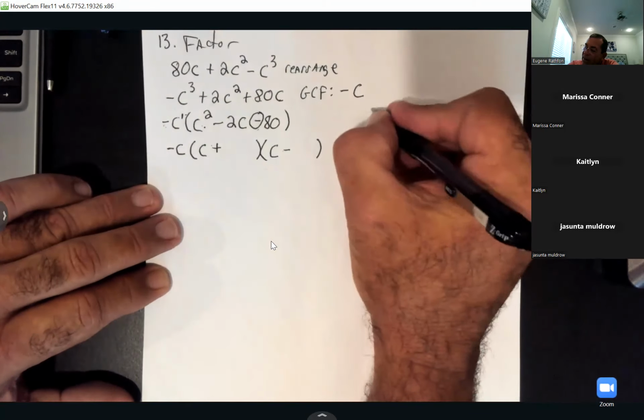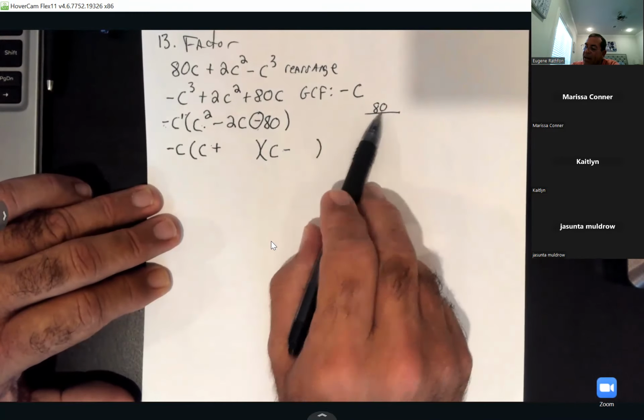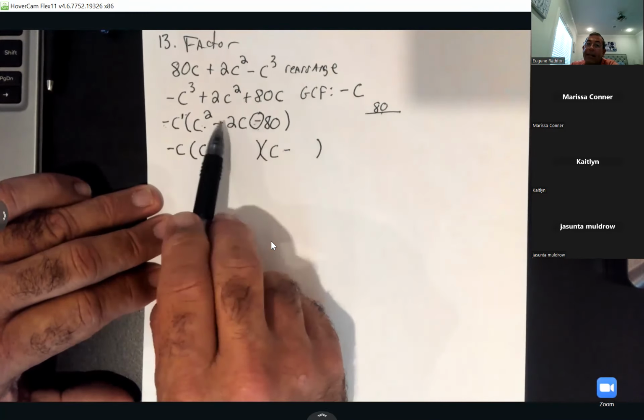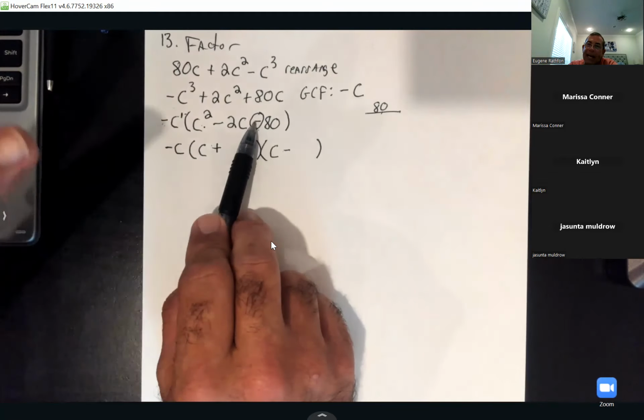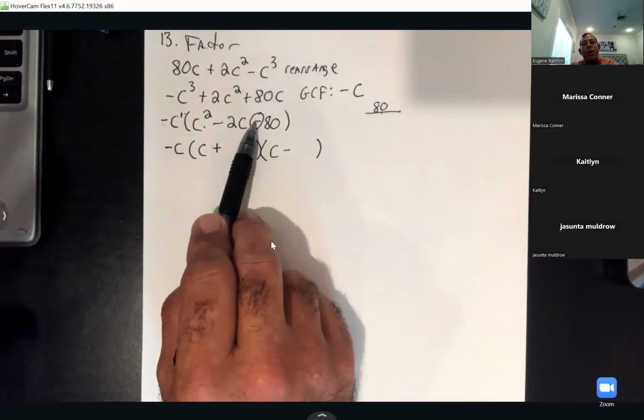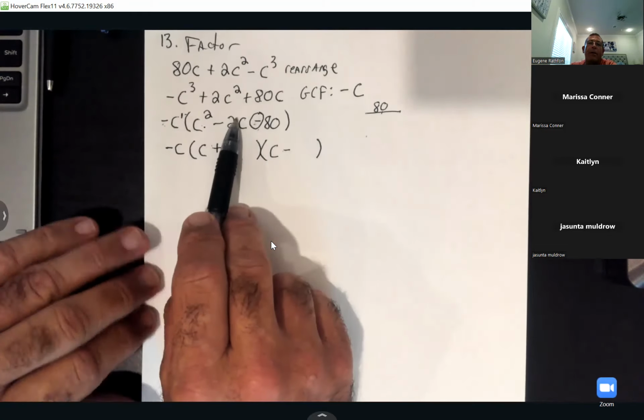All right, y'all, so I got to play with the factors of 80 now. And these factors of 80 got to subtract to get me a 2. Remember, the last sign tells you that like signs are unlike. It also tells you whether you want your factors to add or subtract to get the middle number.